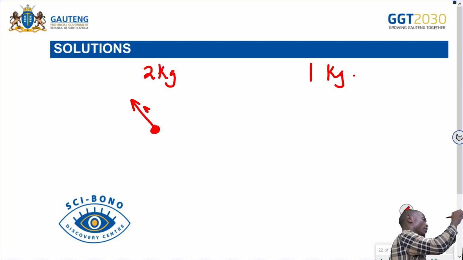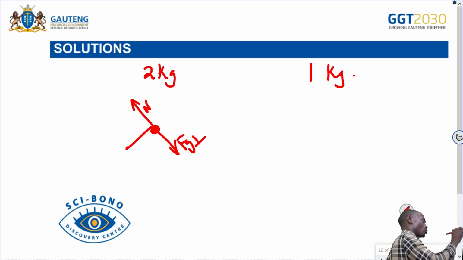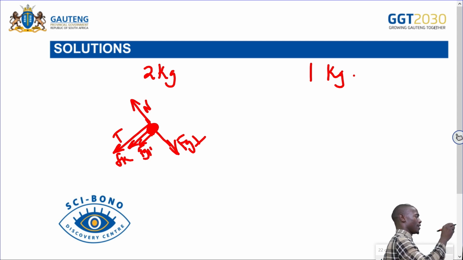I'm having the normal force, but now I'm resolving, so it means that I would have Fg perpendicular, Fg parallel, tension, and friction.